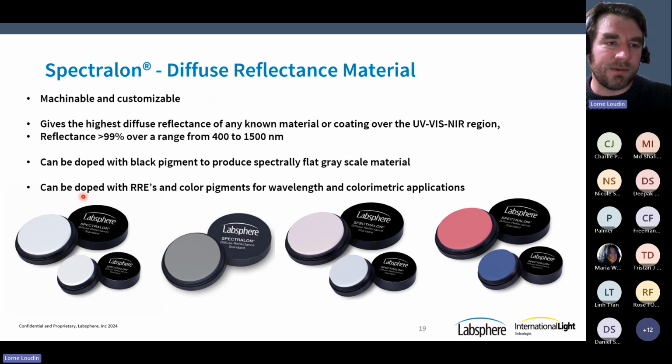The 99% Spectralon gives the highest diffuse reflectance of any known material on Earth, and that's over 99% across much of the vis and near IR. We can dope it with different pigments to give grayscale materials for linearity or dynamic range. It can be doped with rare earth elements for wavelength cals, and of course colors for different colorimetric applications.